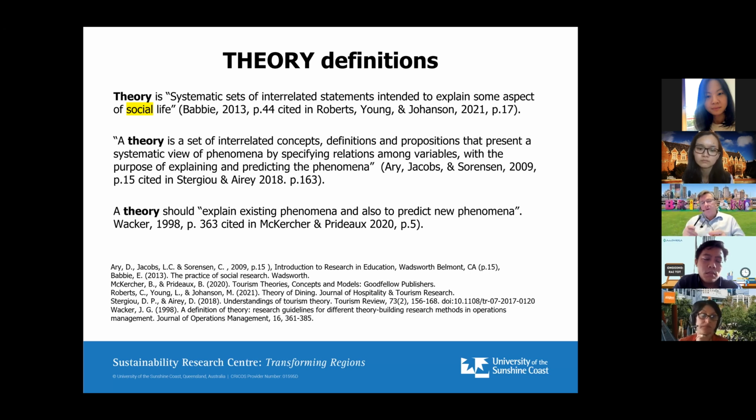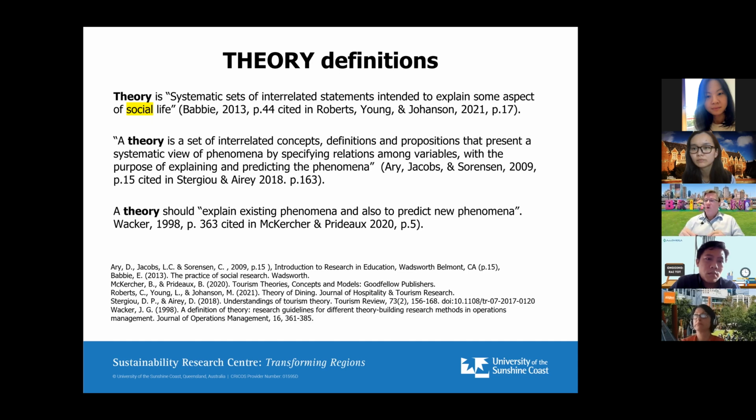And the other interesting thing I would draw attention to in that second definition is that it talks about predicting. Babbie only says explaining some aspect, whereas other people say, no, theory should predict what's going to happen in future.